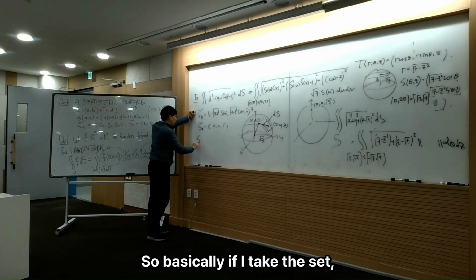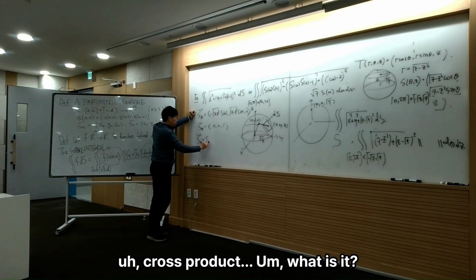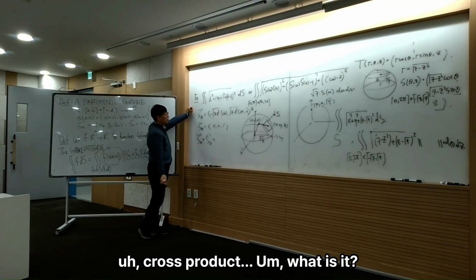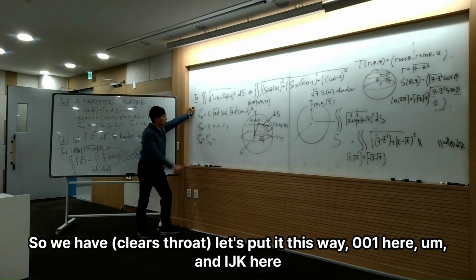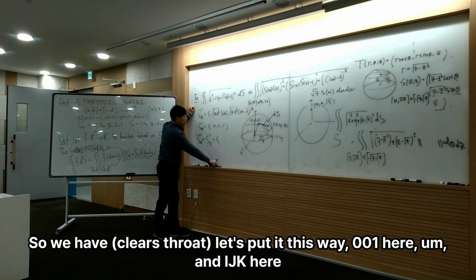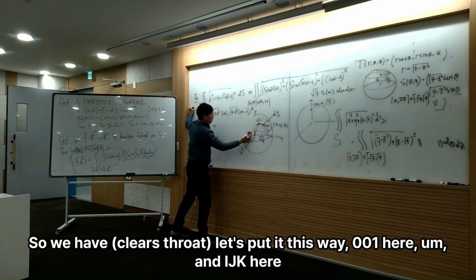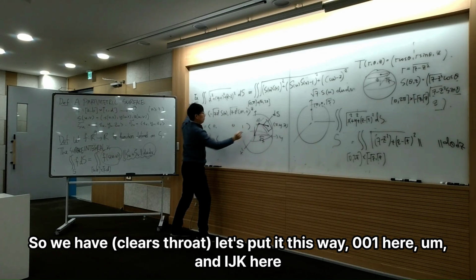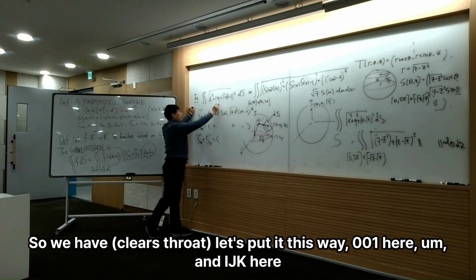So if I take the cross product, we put 0, 0, 1 here, and i, j, k here.